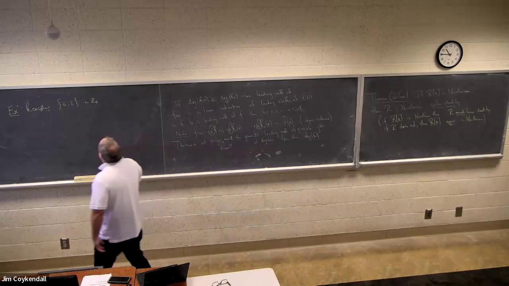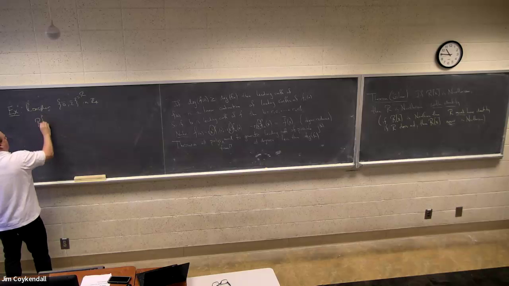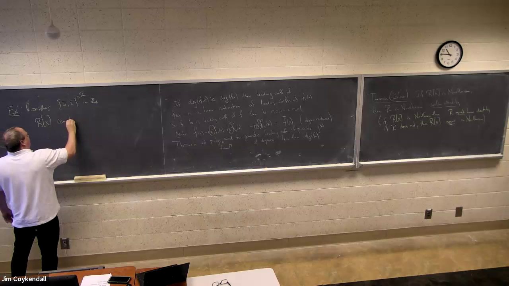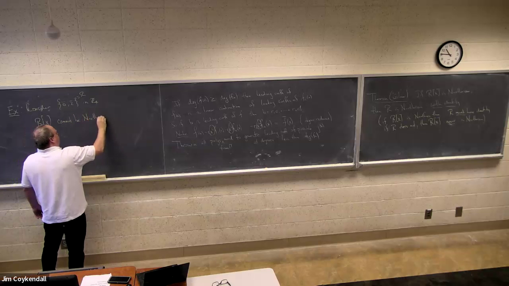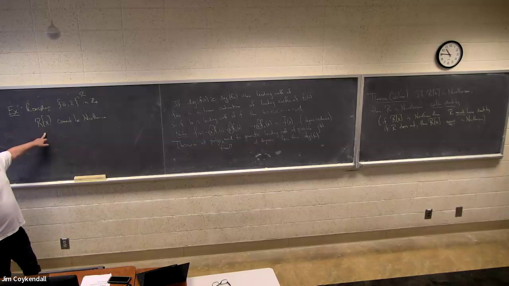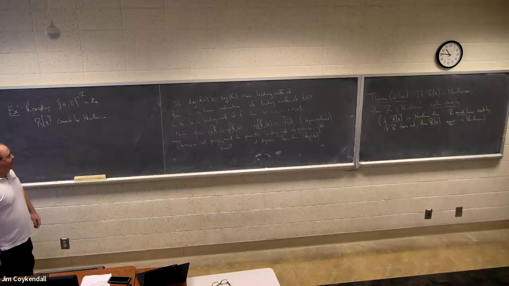However, let's call this ring R. Rx, can you name an element of this ring? Can anybody give me an ideal in this ring that's not finitely generated? Look at this thing, it's only got 2.